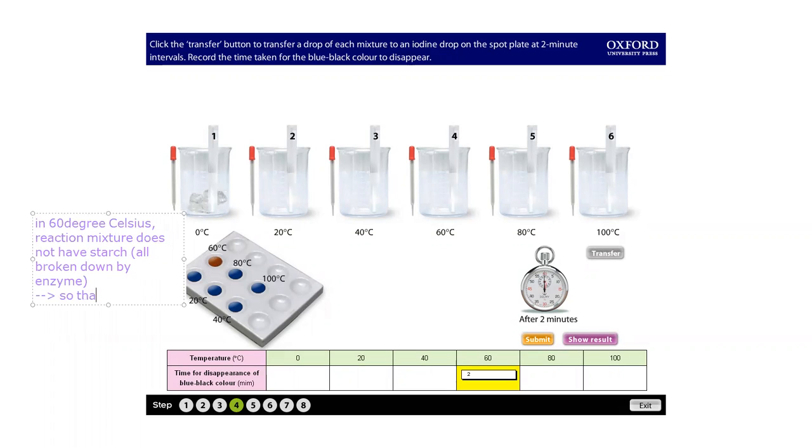So that it will not turn iodine solution into blue-black color.